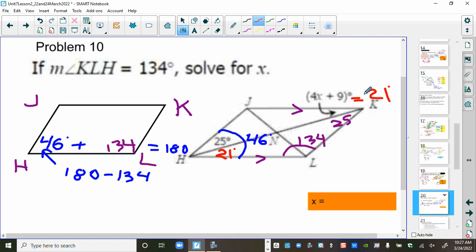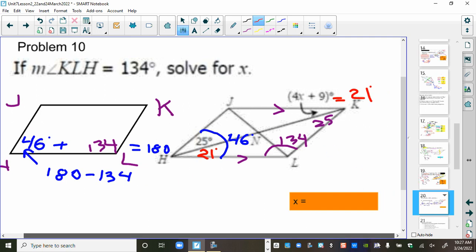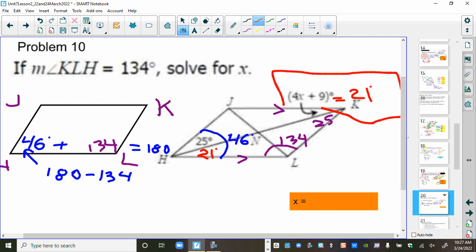So 4x plus 9 equals 21. That's how you're going to set up your problem. Very good. That's excellent work there. Couldn't have said it better myself. So well done. So this is your setup. 4x plus 9 equals 21.